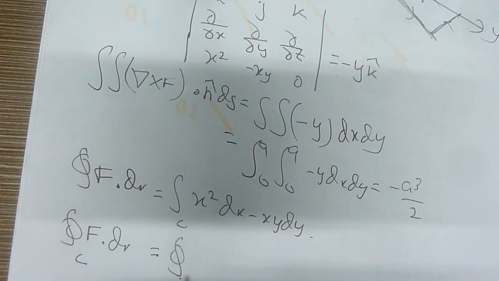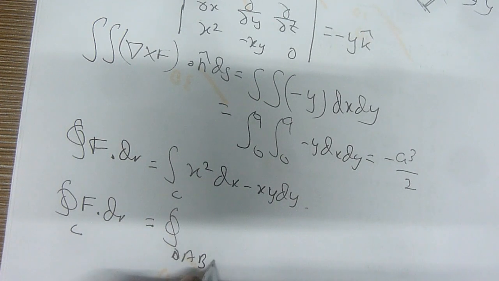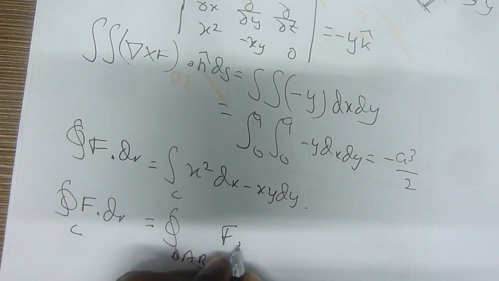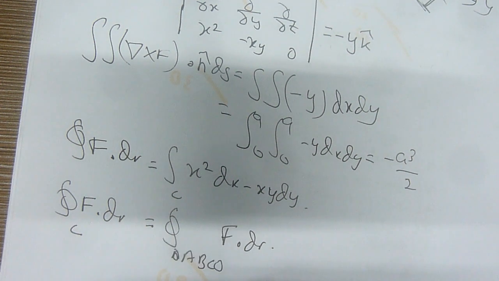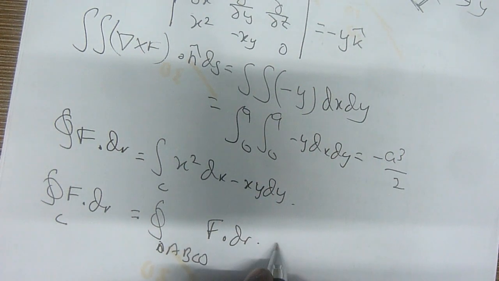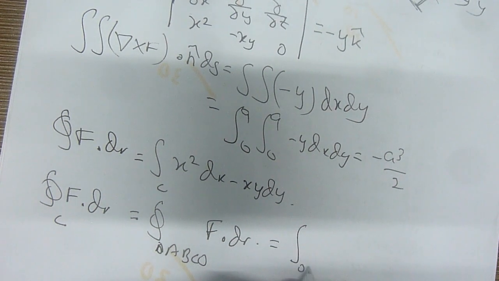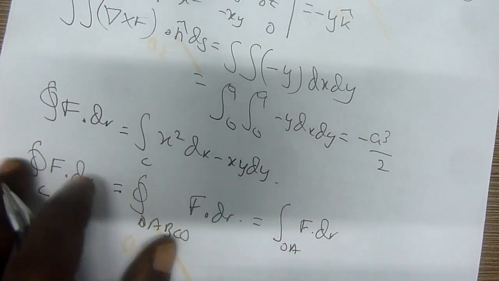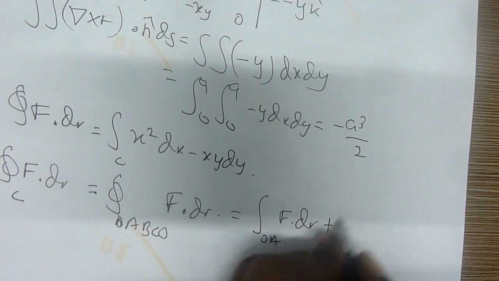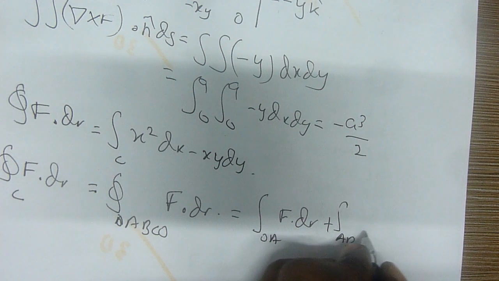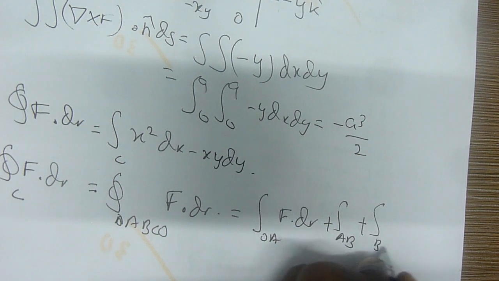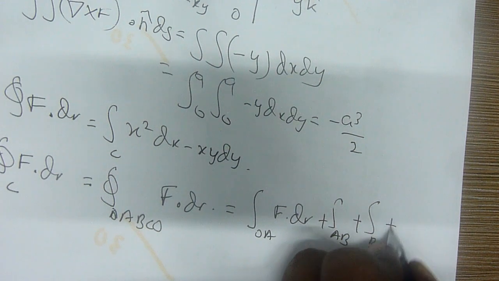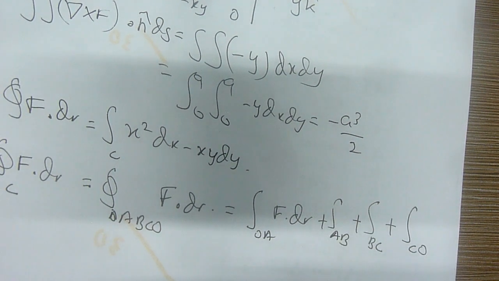That means when we expect to calculate like this, O, A, B, C, O with F dot dr, this is what we wanted to calculate. This equals the integral over OA of F dot dr, we need to calculate step by step, plus AB, plus BC, plus curve CO.